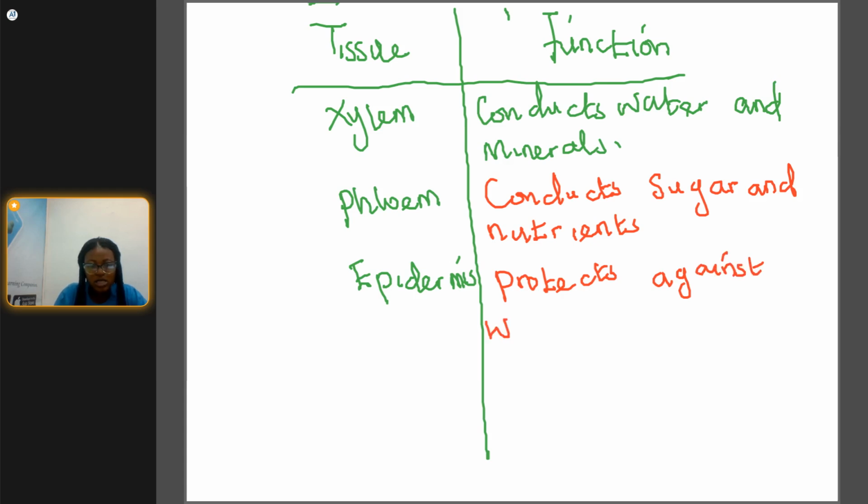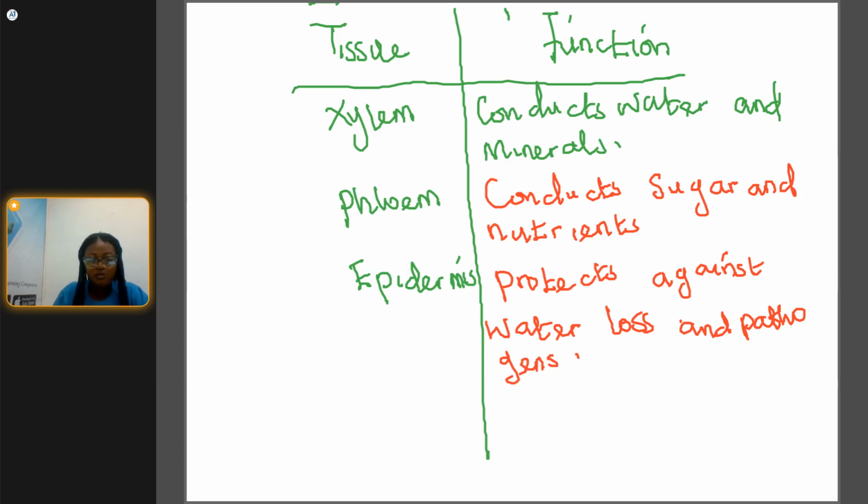Don't forget we said the epidermis may have something we call cuticle. And once it has a cuticle, of course, it means it protects the whole part of the plant from water loss and pathogens.